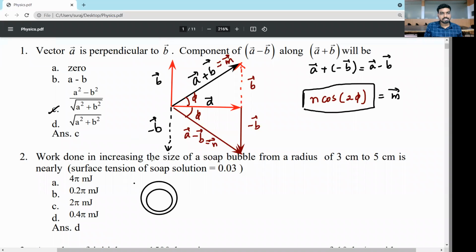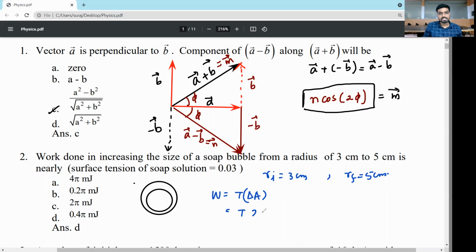So what they want is the work done in increasing the size of a soap bubble. R initial is 3 cm and R final is 5 cm. Surface tension is also given. Work done equals surface tension times change in total surface area.